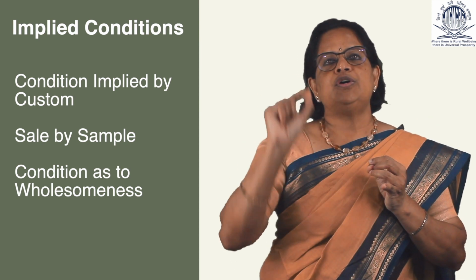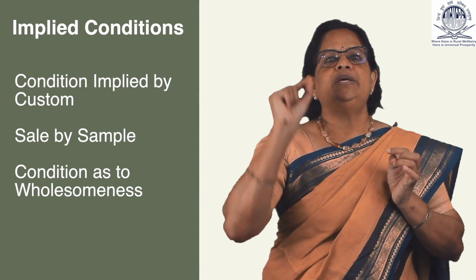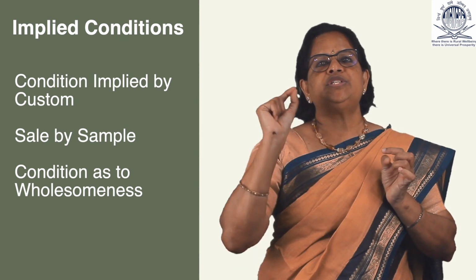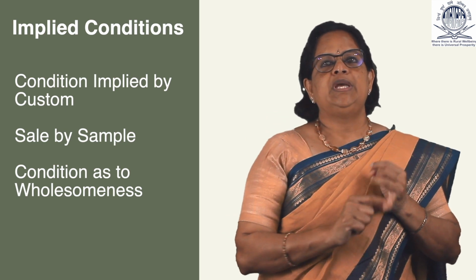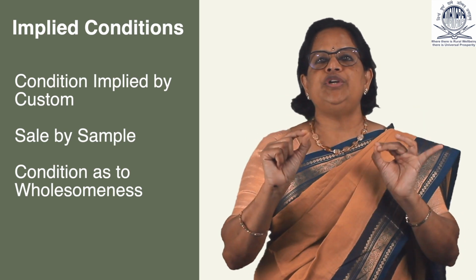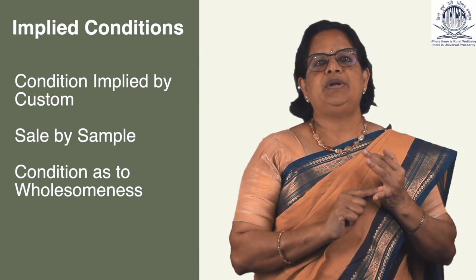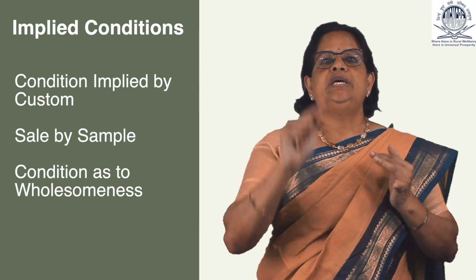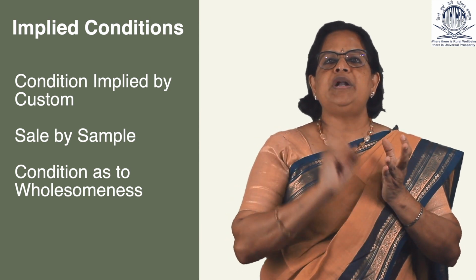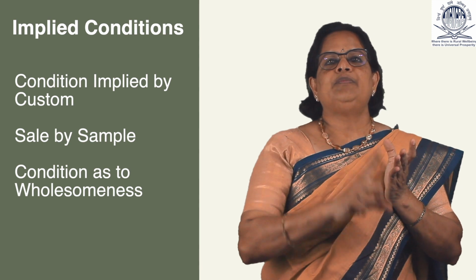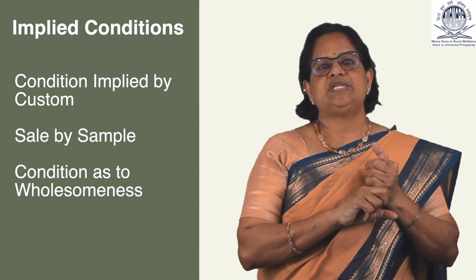In the case of a contract of sale by sample, there is an implied condition that the major part of the product shall correspond with the sample in quality, that the buyer shall have the opportunity of comparing the major part of the product with the sample. Second is that the goods shall be free from any defect making them unmerchantable, which would not be apparent from the reasonable examination of the samples.